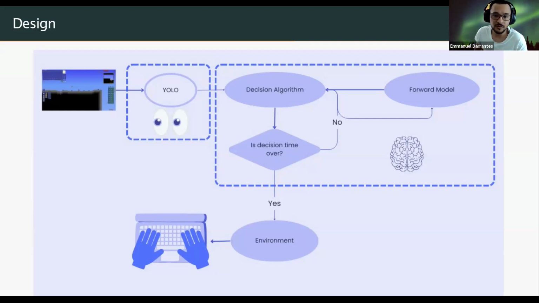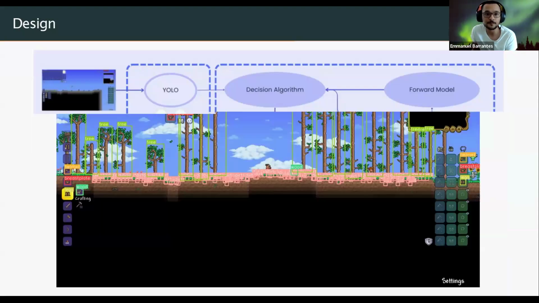The decision-making algorithm could be seen as the other part of the agent's brain; it evaluates and chooses the best action based on the predictions of the forward model. And the environment: once an action is decided, the environment takes over and executes that action, similar to how hands would work.